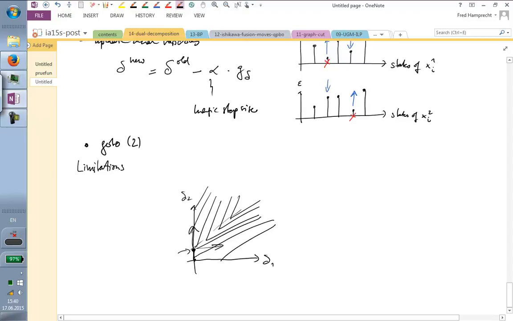So what I need to do is I really need to optimize with respect to two variables simultaneously, and this is called block coordinate ascent, where block means we take a whole block of variables rather than just one at a time.